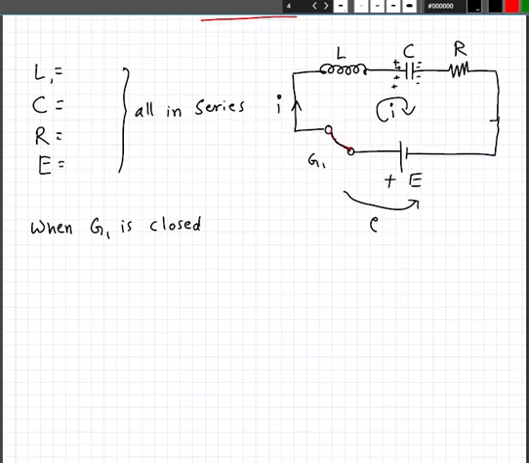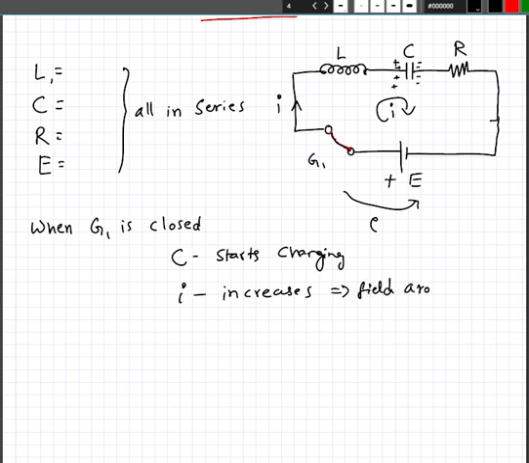Okay, so C starts charging, I increases, and as a result the field around L also increases.